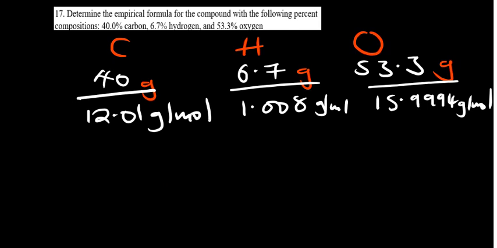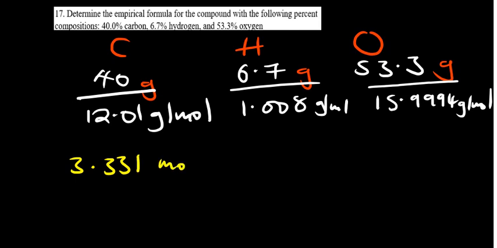So after doing your computations, what is 40 divided by 12.01? What I'm getting is a value of 3.33. So I can consider four significant figures.